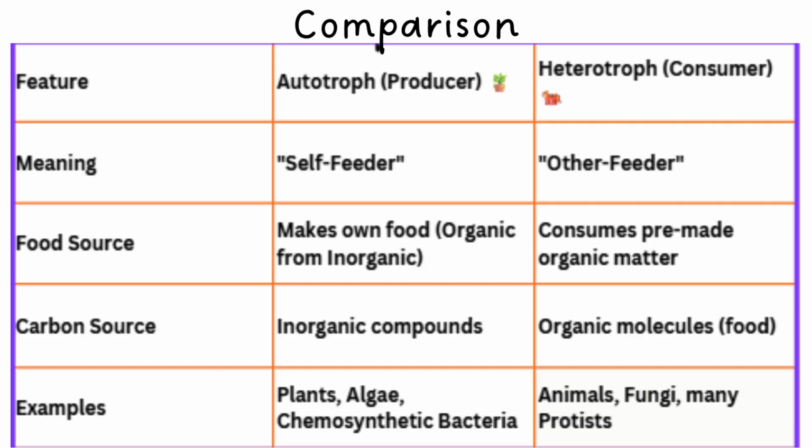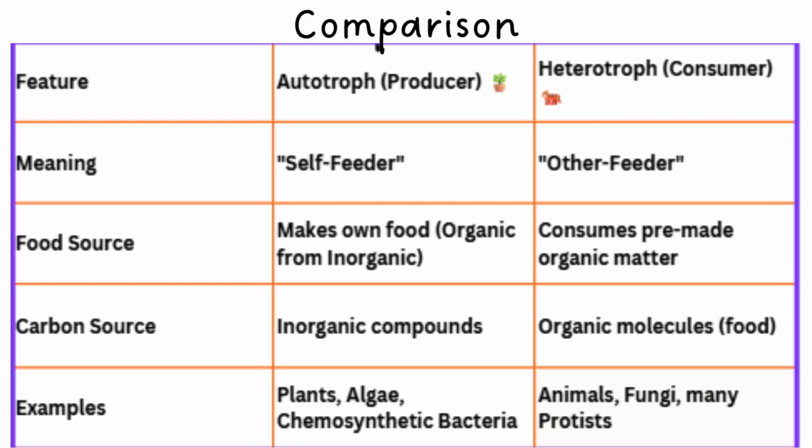A major example of autotroph is plants, and a major example of heterotroph is animals. Other examples of autotrophs include algae and chemosynthetic bacteria like cyanobacteria. Other examples of heterotroph include fungi and some protists.